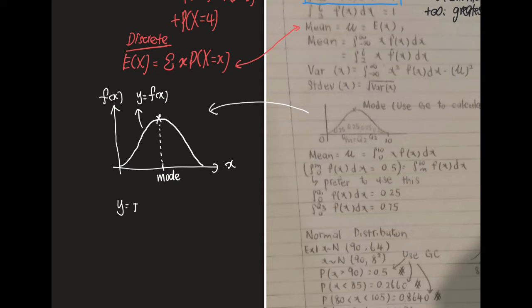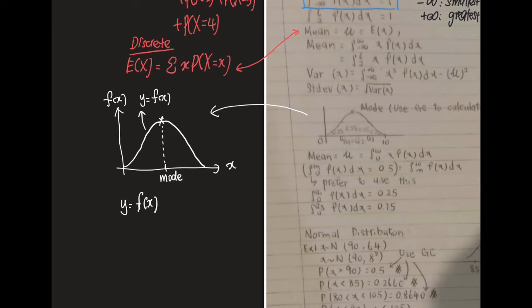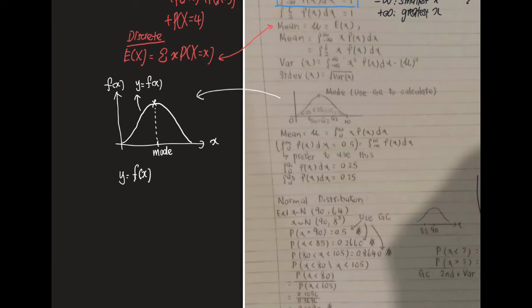You can use a graphic calculator. Whatever function is given, you just key it into your calculator, and then you scroll along the graph to look for the maximum point, if you are using the graphic calculator.